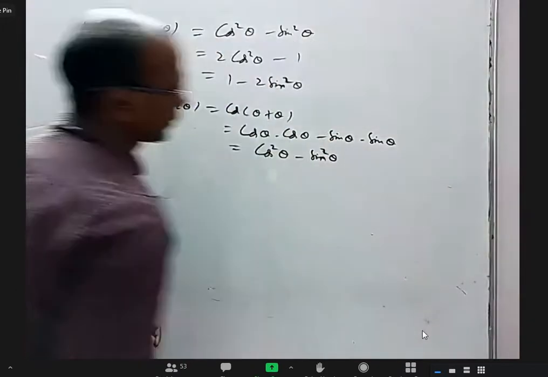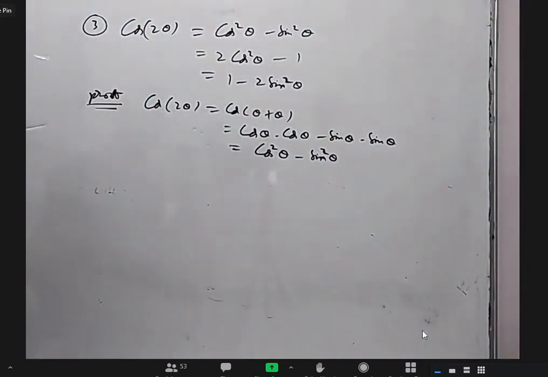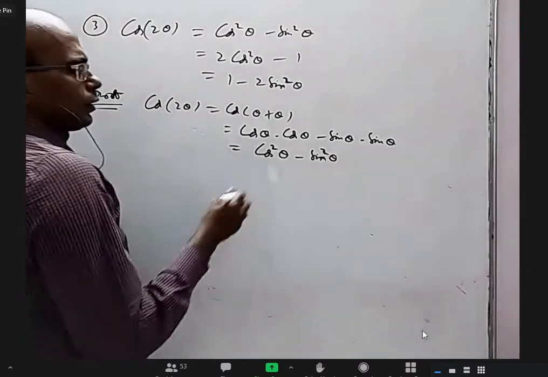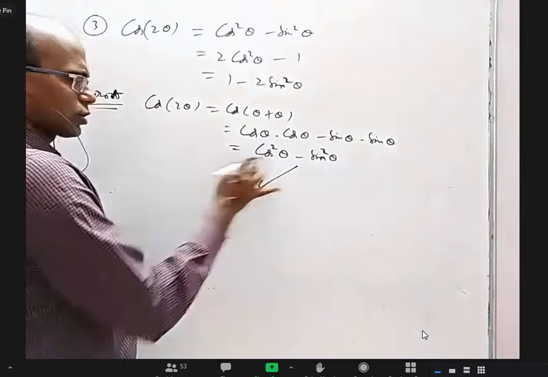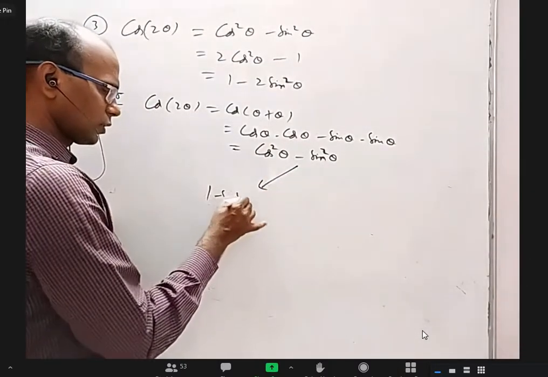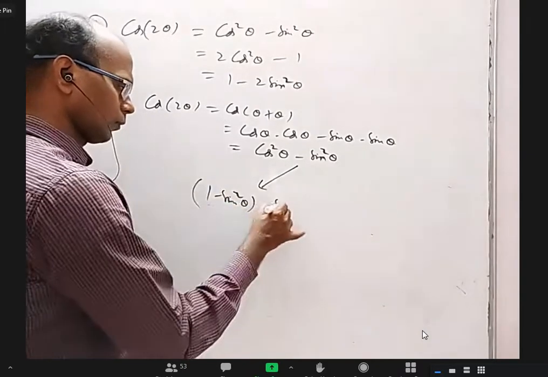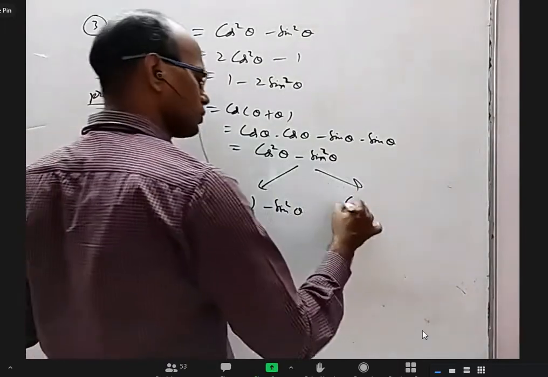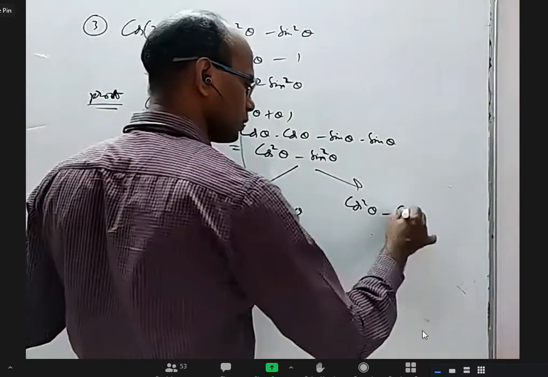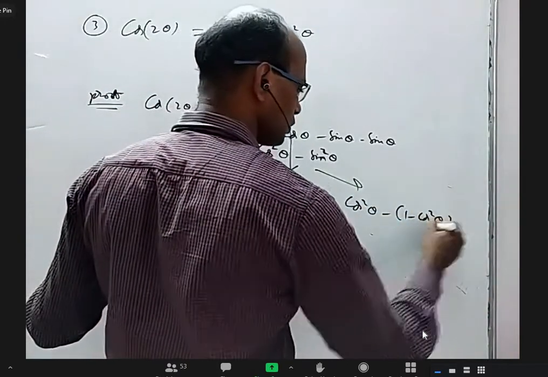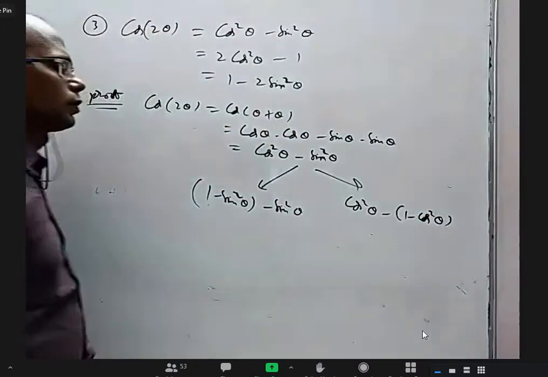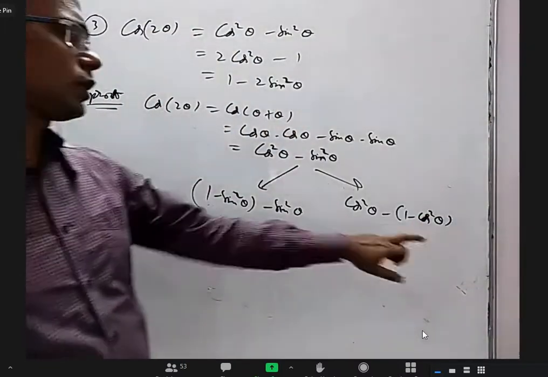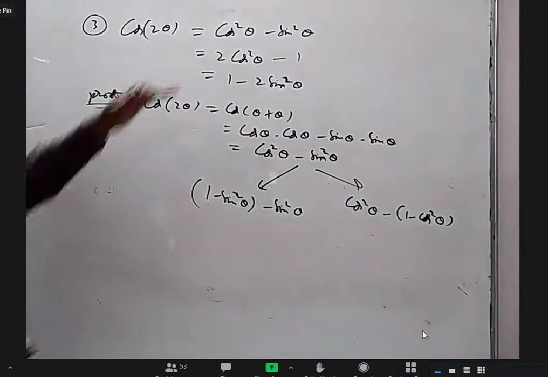Just take the regular compound angle formula and take both a and b as theta. Now you can write cos square as 1 minus sin square theta, or you can write sin square as 1 minus cos square theta. So here we'll get 1 minus 2 sin square theta, here we'll get 2 cos square theta minus 1. That's how we get the other formulas.